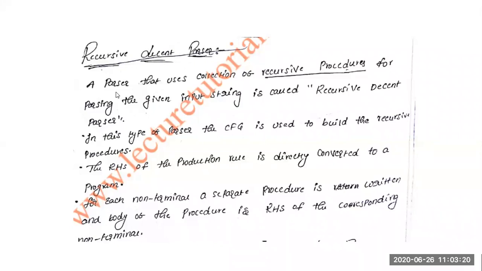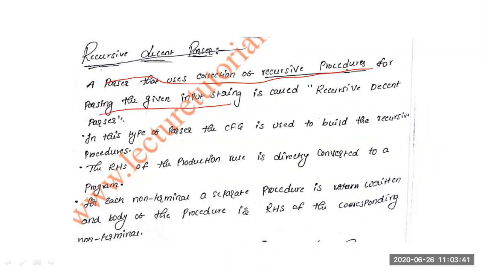Clear. A predictive parser is a collection of recursive procedures. For every non-terminal in the given grammar, we write a recursive procedure, and by using those recursive procedures, we try to parse the given input string.